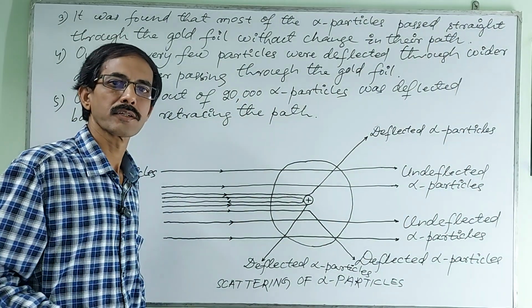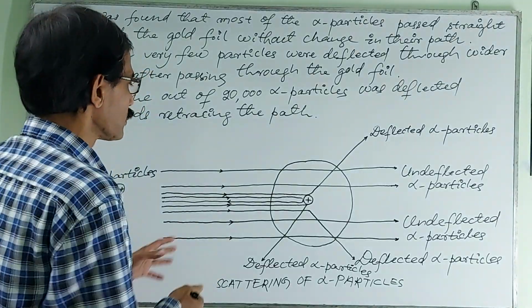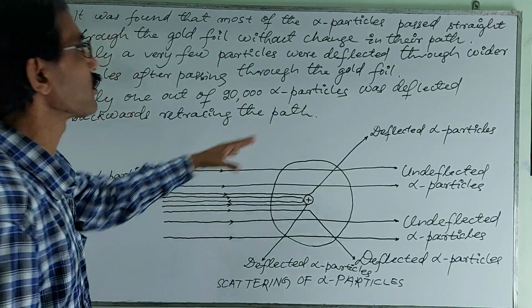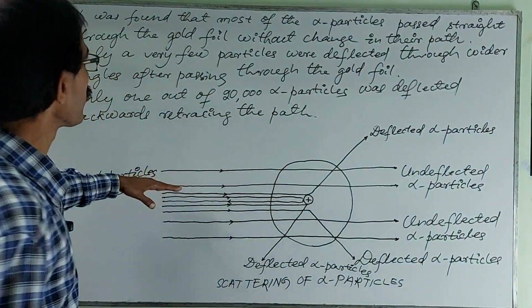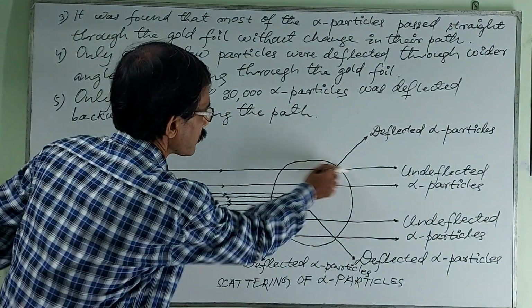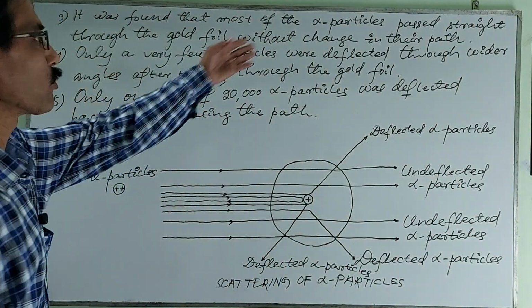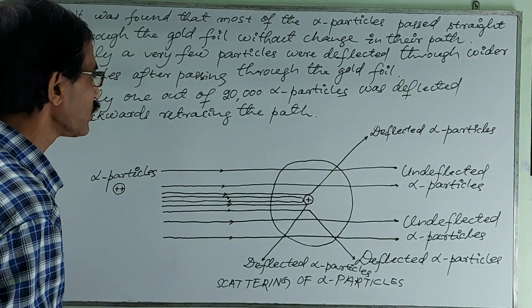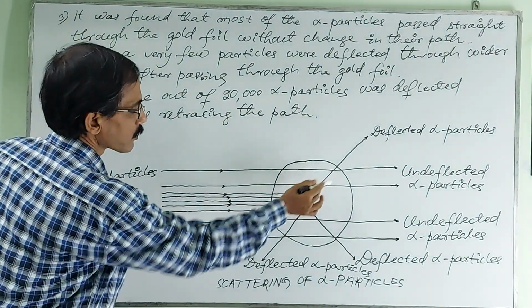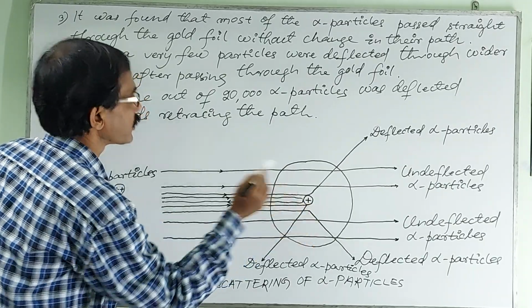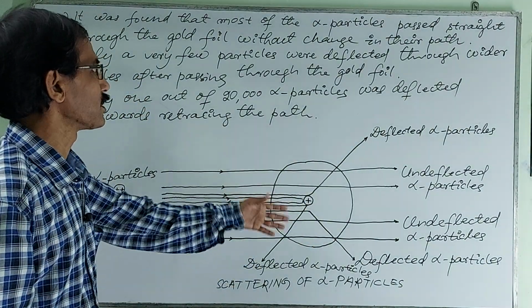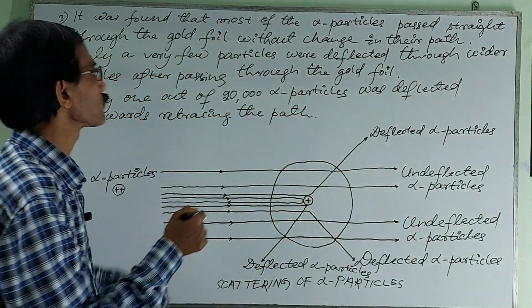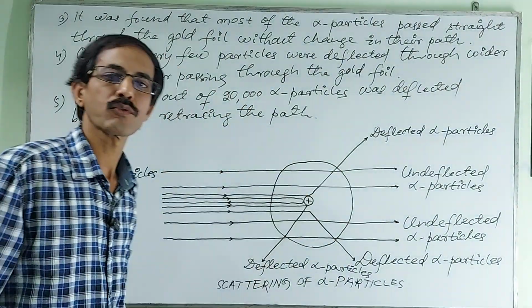Dear students, just now I have taught you regarding this experiment. It was found that most alpha particles pass straight through the gold foil without changing their path. Only a very few alpha particles, like these particles, were deflected through wider angles after passing through the gold foil.